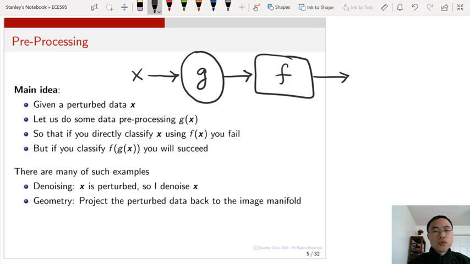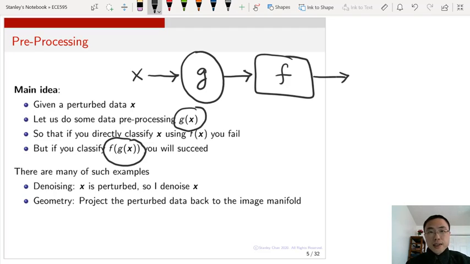If you can do this processing properly, then perhaps any noise in your X will be gone after you apply G. So the main idea of pre-processing is really to take this input data, pre-process it, and then send it to a classifier. You can see that there will be a pre-processing unit, and ultimately the thing that you're going to classify will be F composite with G applied to X.